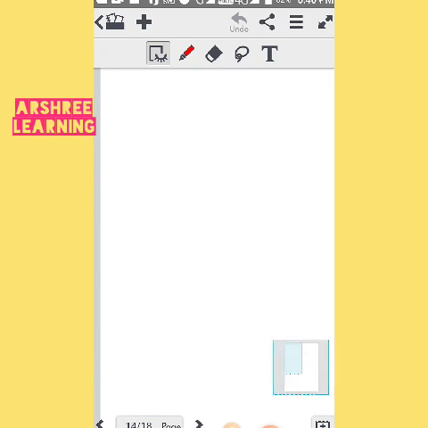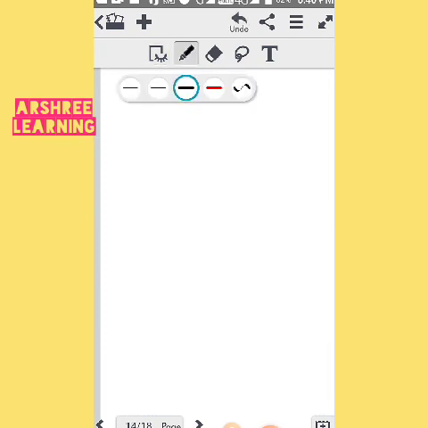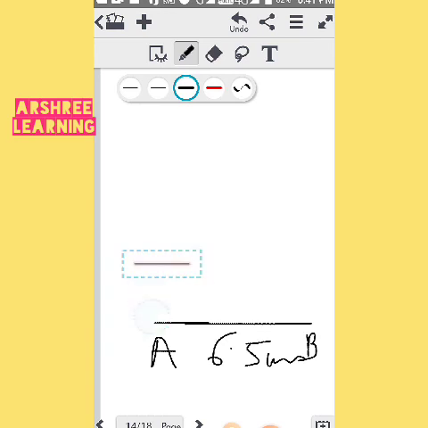So you will make a line 6.5. Call it A, B. One angle is 110. So at A you will put the protractor. 110 cannot be made with compass, so you use a protractor and draw the angle.